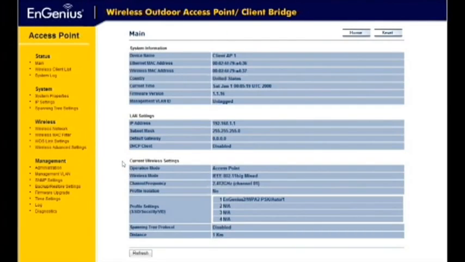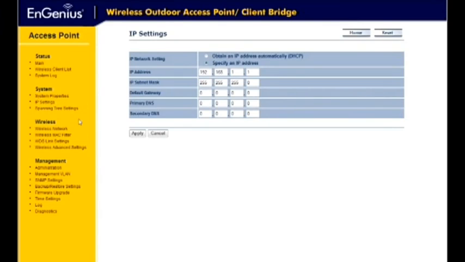To configure your LAN interface using a static IP or as a DHCP client, click the IP settings link on the System drop-down menu. Under IP Network Setting, select the Obtain an IP Address Automatically DHCP radio button if the access point is connected to a DHCP server. This will allow the access point to get an IP address automatically from the DHCP server.